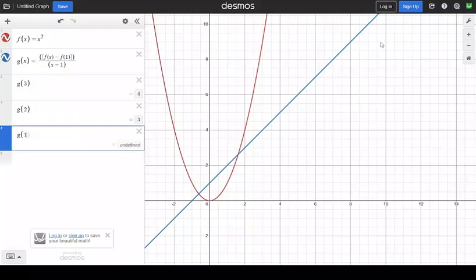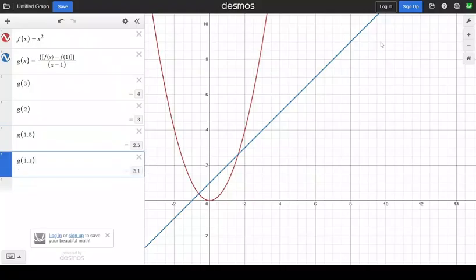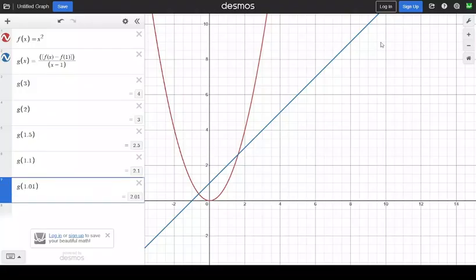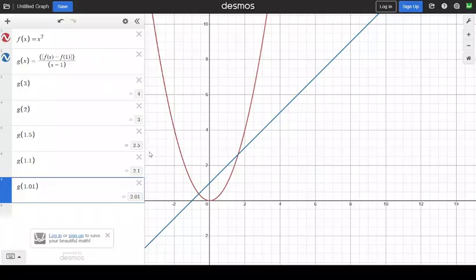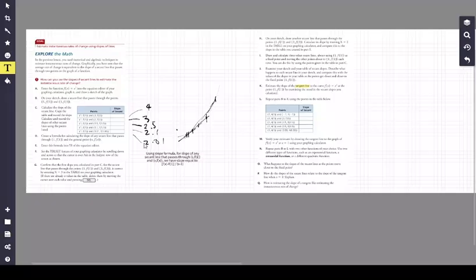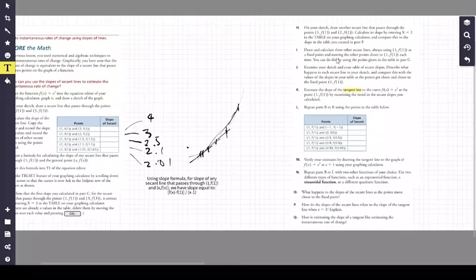So g of 1.5, g of 1.1, and g of 1.01. Okay, so we notice that we will have 2.5, 2.1, 2.01. So it's all the same as what we calculated on the table.